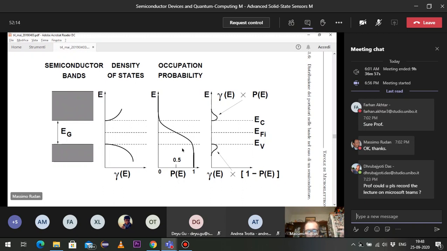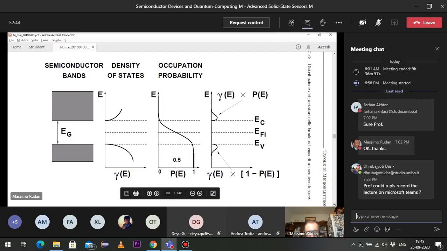And this continues forever. So the total number of electrons that are in the conduction band will always be equal, in equilibrium, to the total number of holes in the valence band. And since the material is uniform, this equality also applies to the concentrations, because you just simply divide by the volume to go from the numbers to the concentrations, okay?